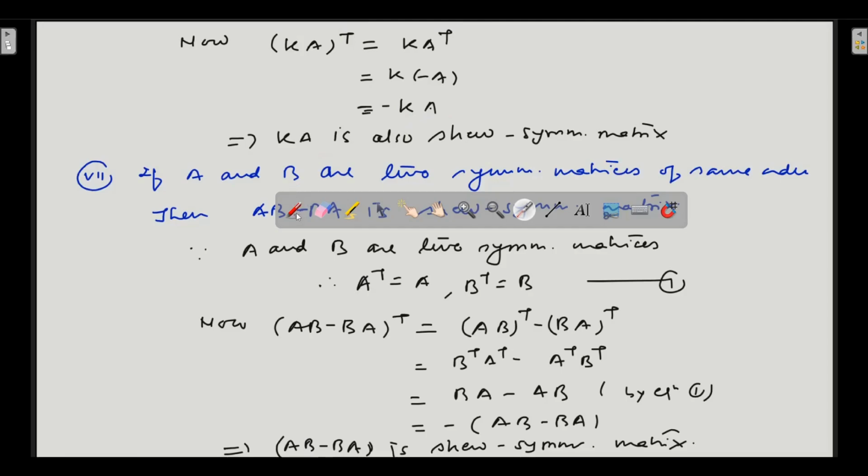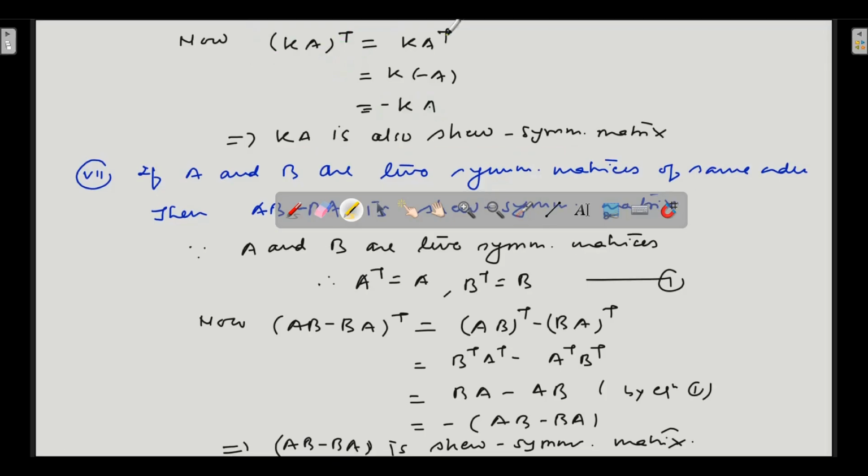Clearly kA is also skew symmetric, because this satisfies the definition. So kA is also a skew symmetric matrix.